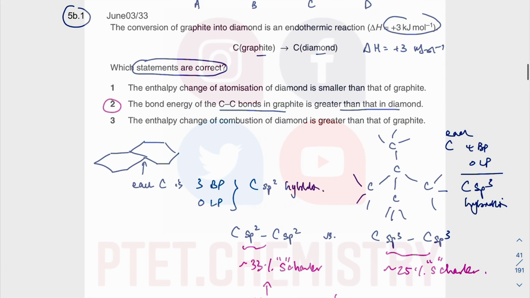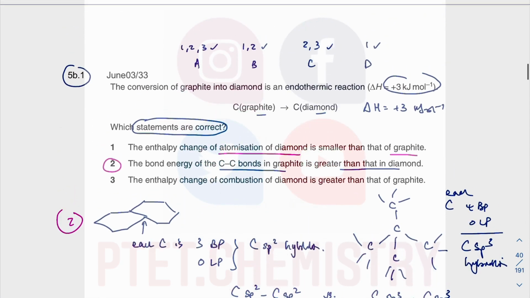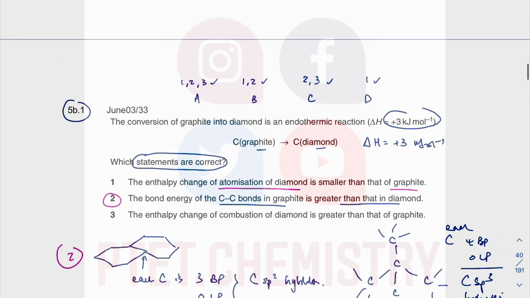Okay, if I go straight next to option 1, talking about the atomization of diamond versus the atomization of graphite. Okay, so if I talk about atomization, so maybe I can use the space here. All right, okay, so carbon into gaseous atom, because definition of the enthalpy atomization is forming 1 mole of the gaseous atom from its element or from its substance.